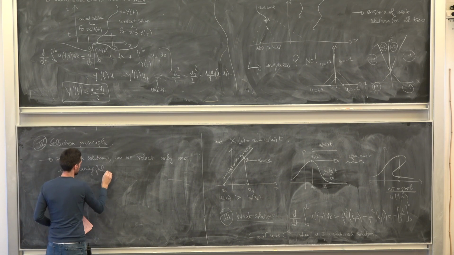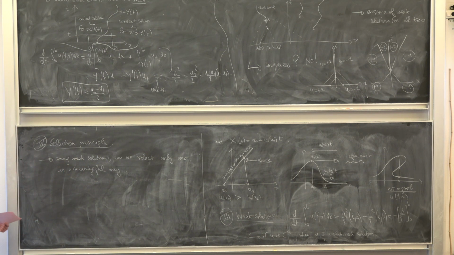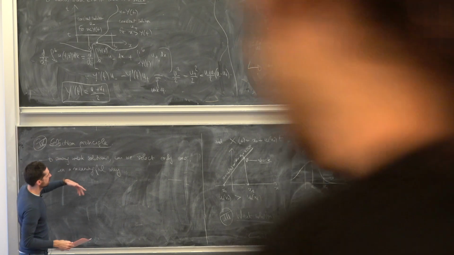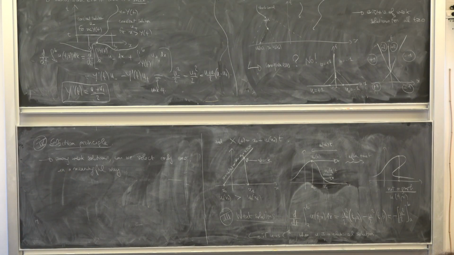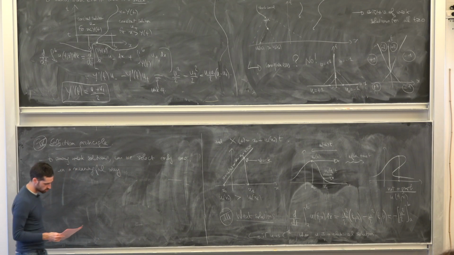In fact, it could even depend on what you actually want to describe. I gave you some example of modeling that is related to that equation. So we're going to try to understand, if you take this model, what is the correct weak solution to choose?